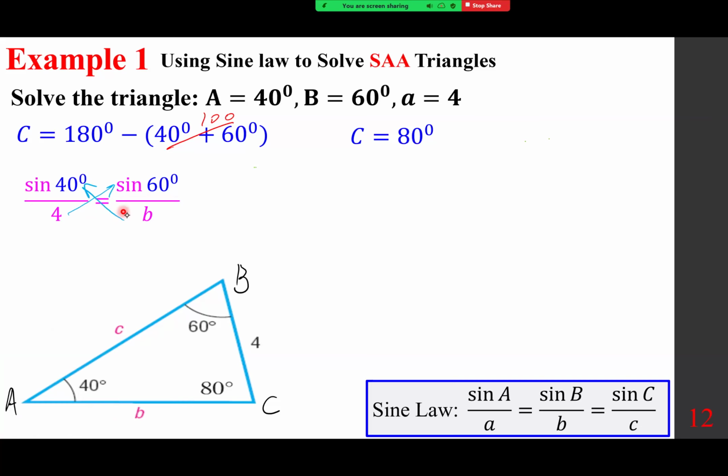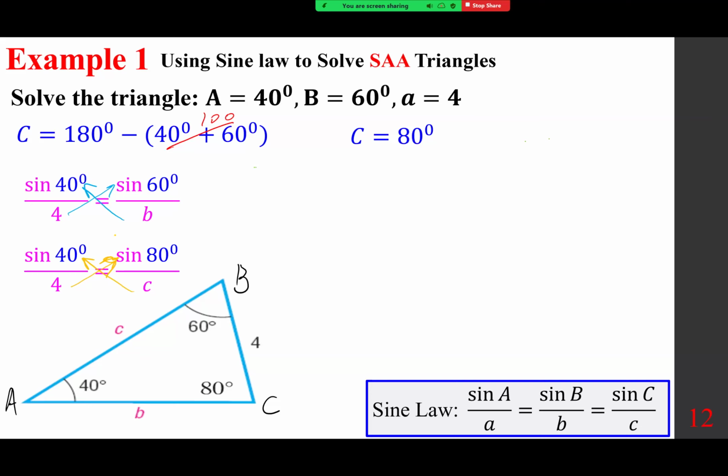And so b becomes 4 times sine 60 divided by sine 40. Again, the same thing for sine of 40 over 4 equals sine 80 over c, and 4 times sine 80 equals sine 40 times c. So it's the cross product of those two.